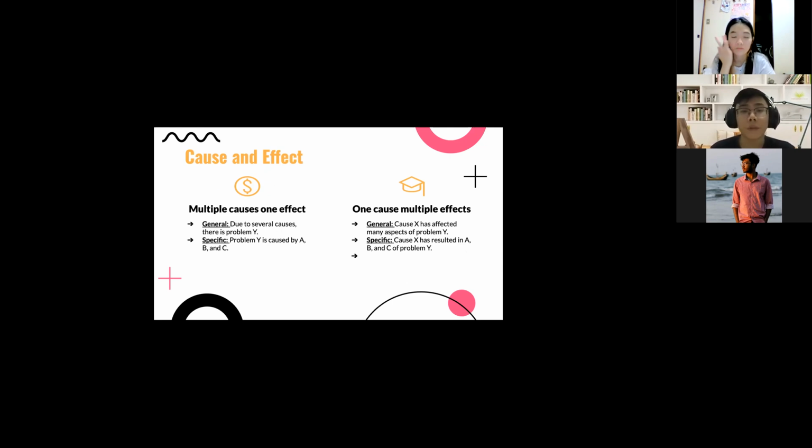So how about the one cause, multiple effects, Phoebe? Yeah, so besides having the multiple causes and one effect, usually there would be another type of cause and effect essay in which you have one cause, but then you would talk about multiple effects. Just as we have for a general thesis statement, you don't have to list out all of the effects, right?